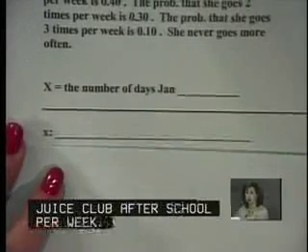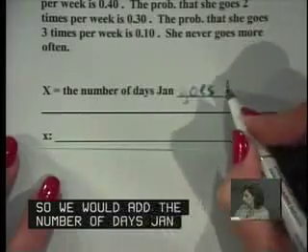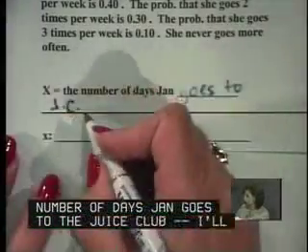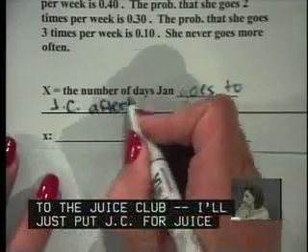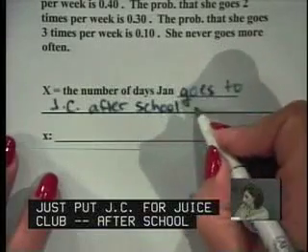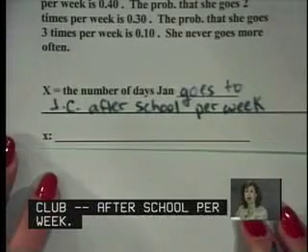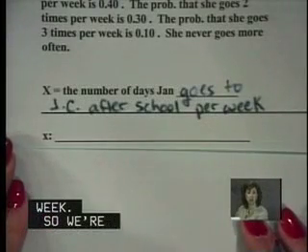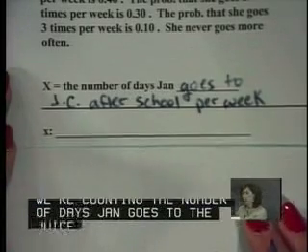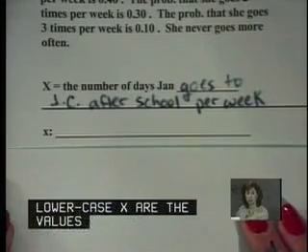So here we're counting the number of days Jan goes to the juice club after school per week. Lowercase x are the values that the random variable can take on.